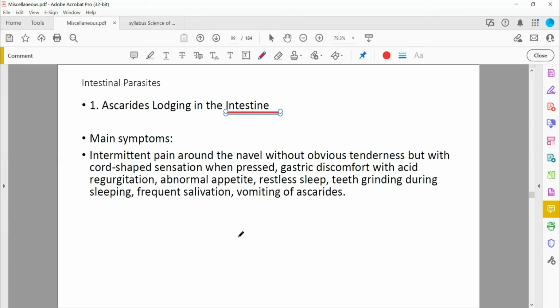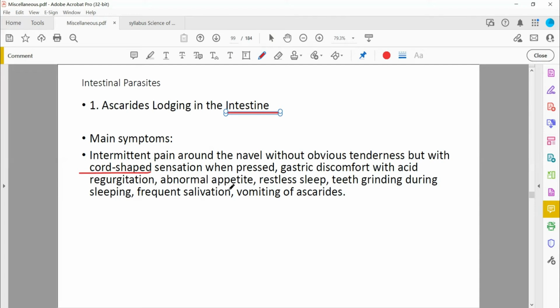For developing countries, underdeveloped countries, this one is more common, right? Let's see.